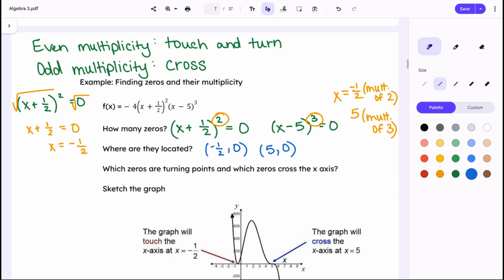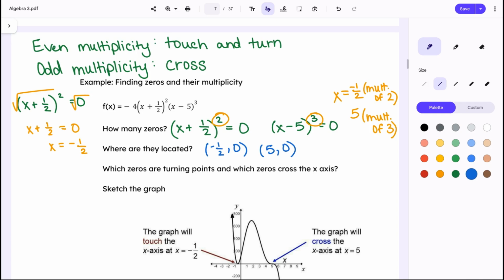Now, using what we wrote at the top of the screen, we can answer the next question because it's asking which zeros are turning points and which ones would just cross the x-axis. So remember, turning points would be where it touches and turns on the axis. Crossing means it actually goes through the x-axis and continues to go down or continues to go up. So when it's even, it touches and turns.